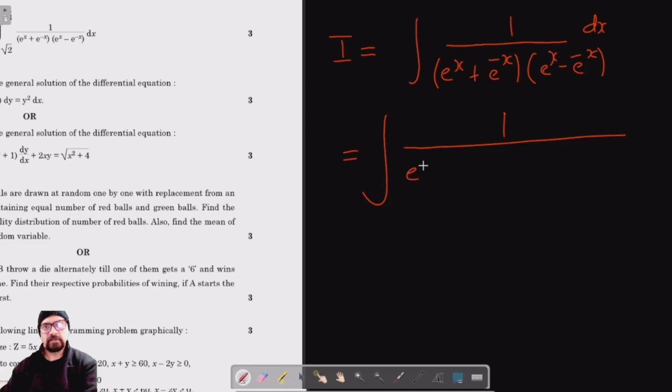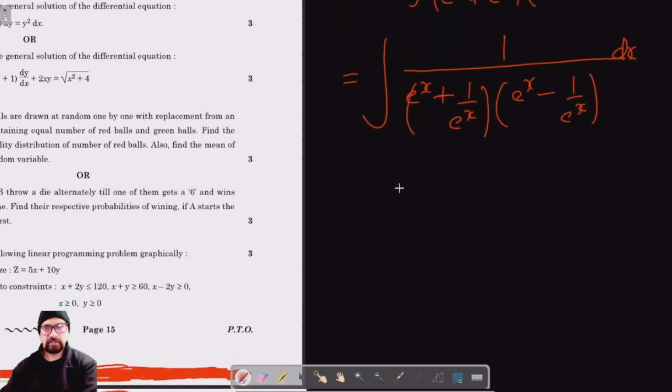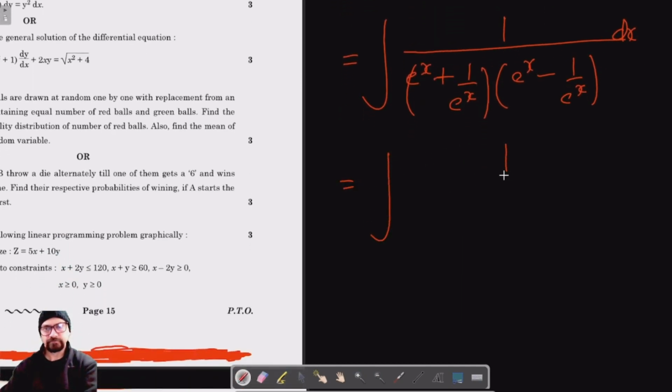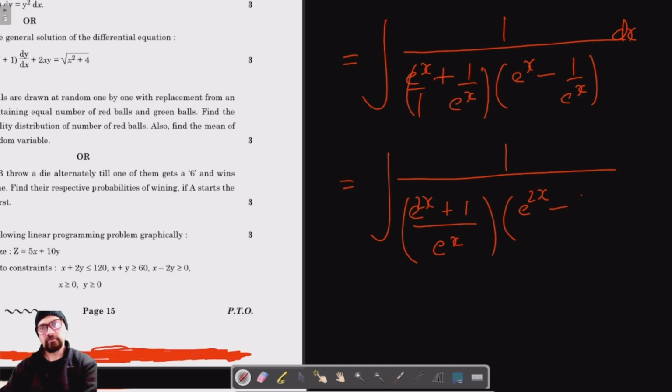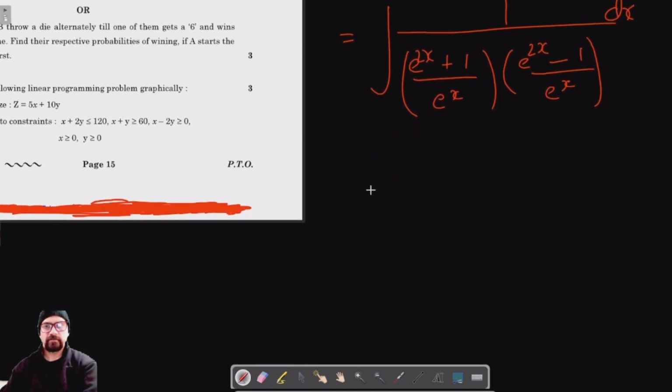This is 1 upon e raised power x plus 1 upon e raised power x, and e raised power x minus 1 upon e raised power x into dx. Let's take LCM here, and this is e raised power 2x plus 1 upon e raised power x, and e raised power 2x minus 1 upon e raised power x into dx.